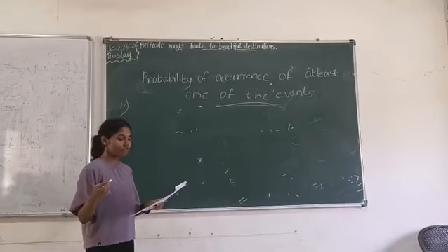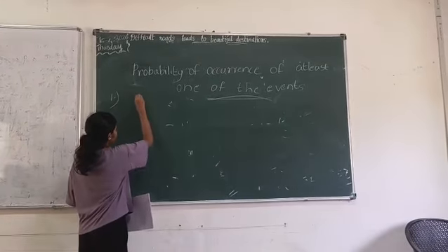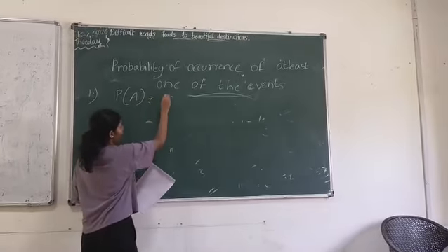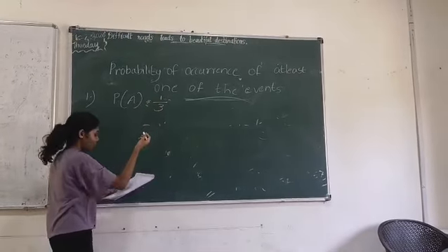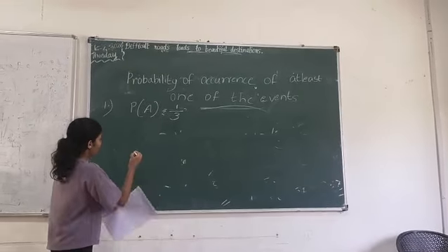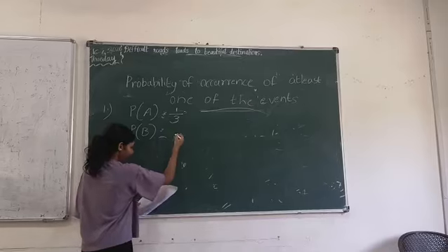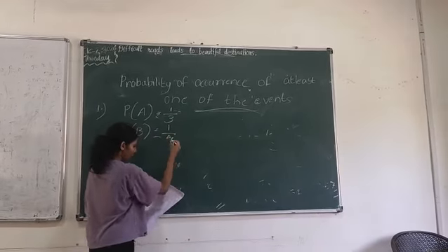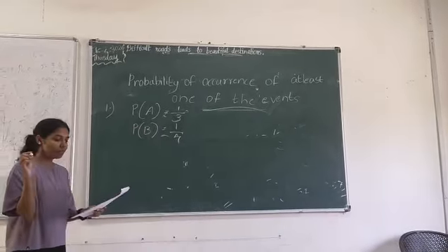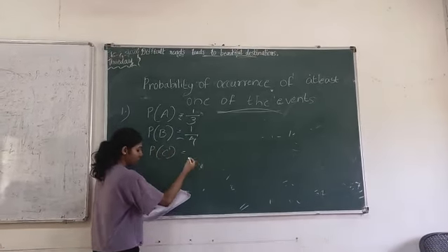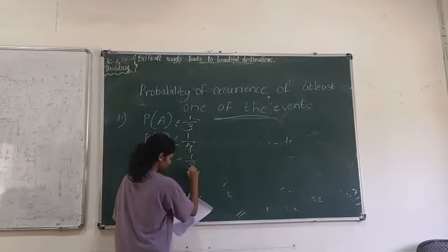Probability of selection for first post, that is P of A, is 1 by 3. And probability of selection for second post, P of B equal to 1 by 4. And the probability of selection for third post, P of C equal to 1 by 2.